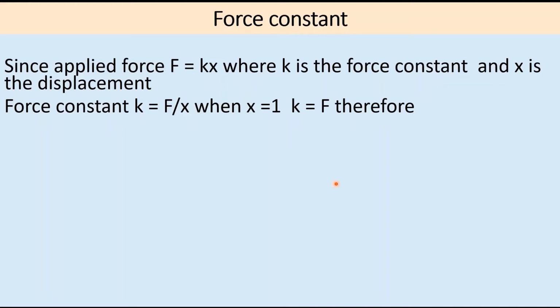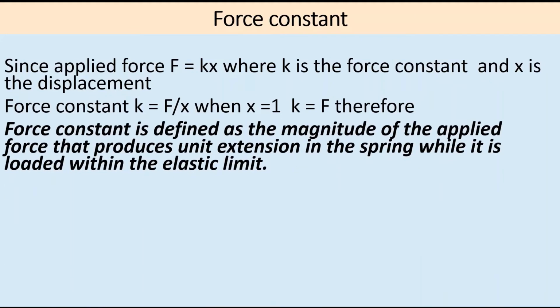Force constant K is equal to F by X. Now if you put X is equal to 1 meter, then K becomes equal to F. Therefore we can define the force constant as the magnitude of the applied force that produces the unit extension in the spring while it is loaded within the elastic limit. This is the definition of the force constant.